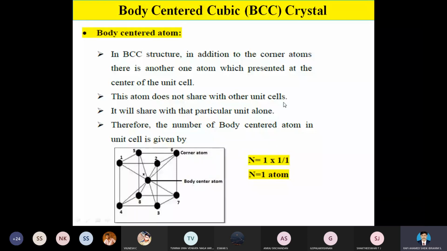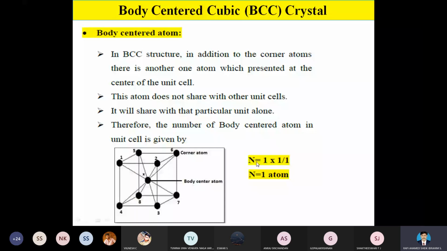As I informed, we have to consider that the body atom is placed inside a cubical box. So that body atom belongs to its own unit cell alone.